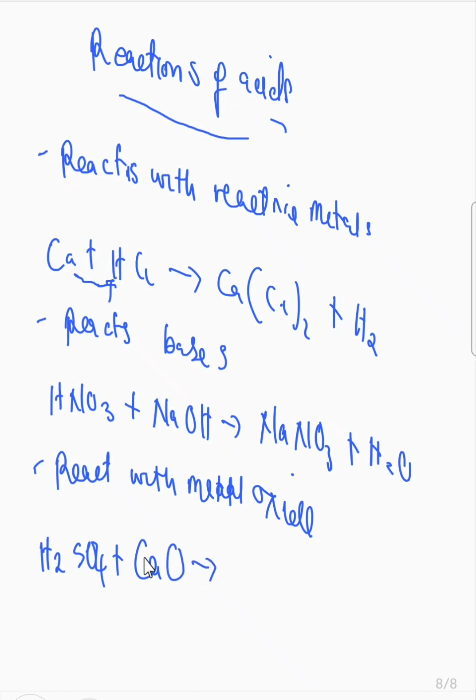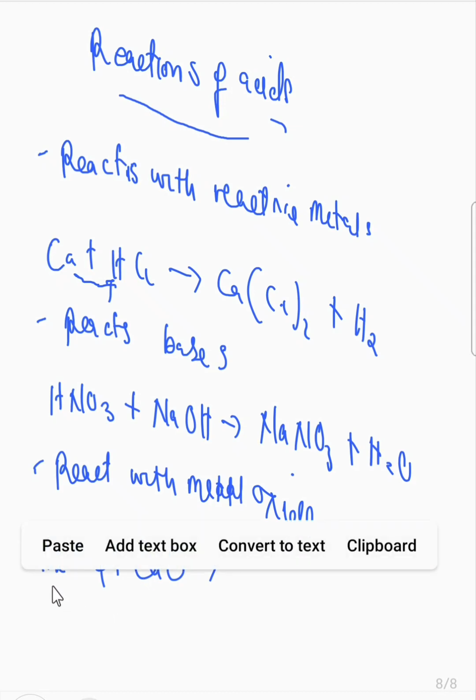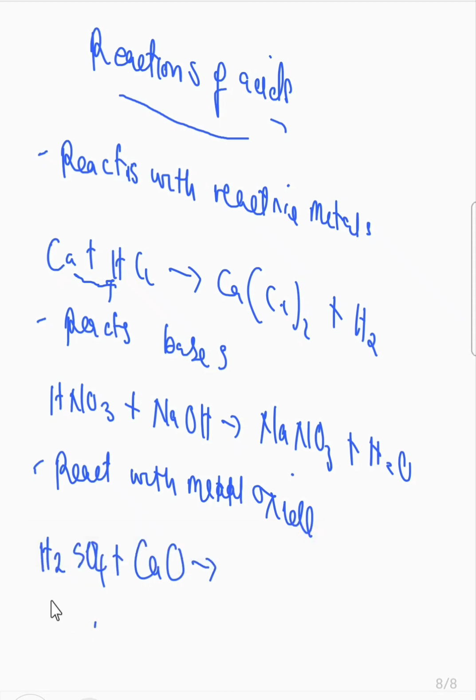Calcium will displace hydrogen from the compound, so we are going to have calcium sulfate plus water. The oxygen ion here will combine with the hydrogen ions to produce water, so we have H2O like that.